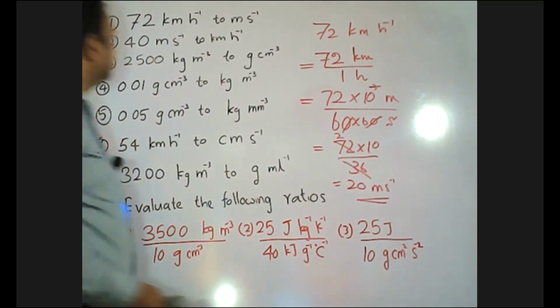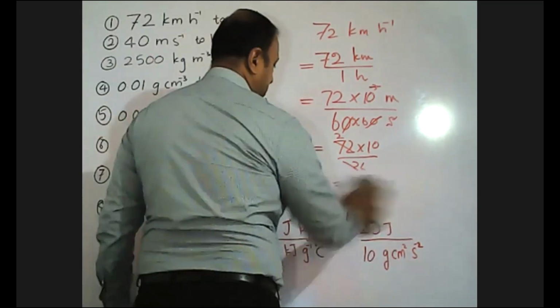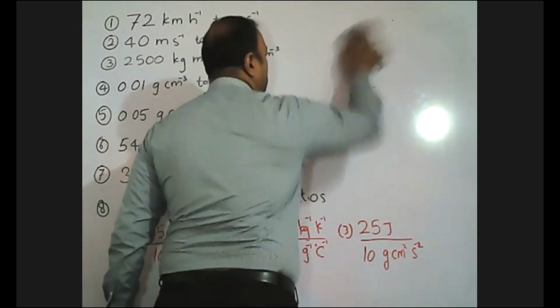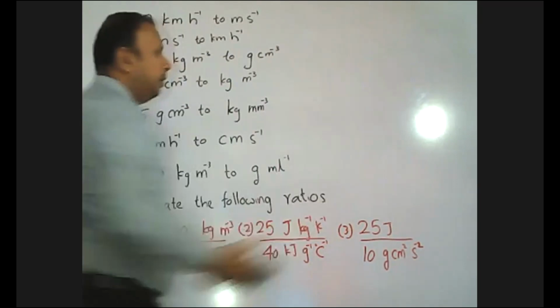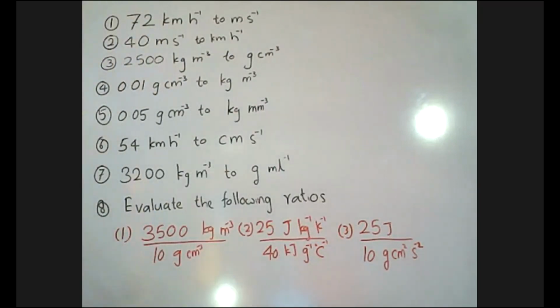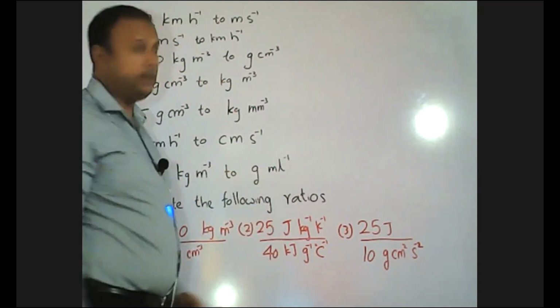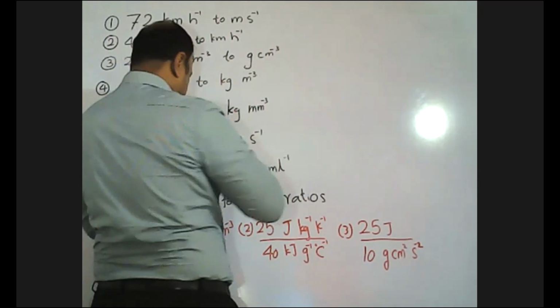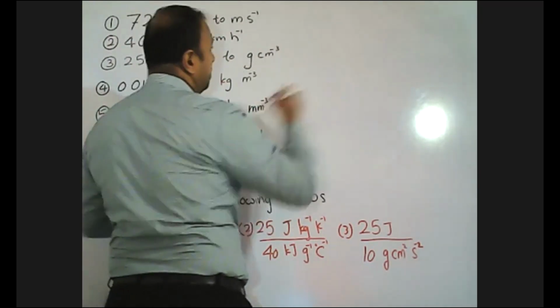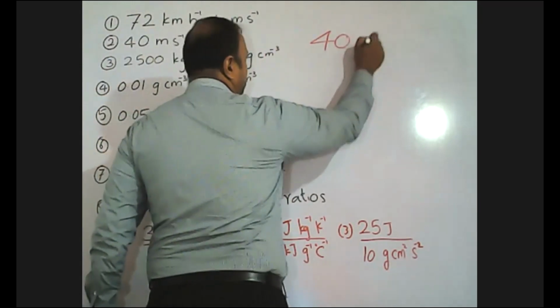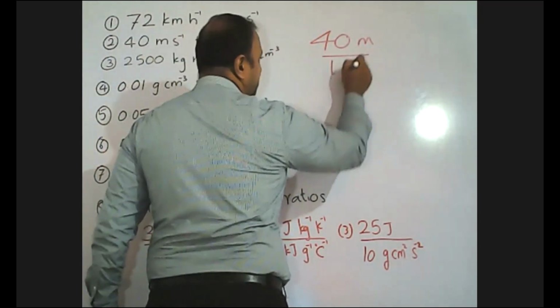Then 40 m s minus 1 to km h minus 1. Again, the same method. I can write this one as a fraction. 40 m s minus 1 is equal to 40 meter over 1 second.